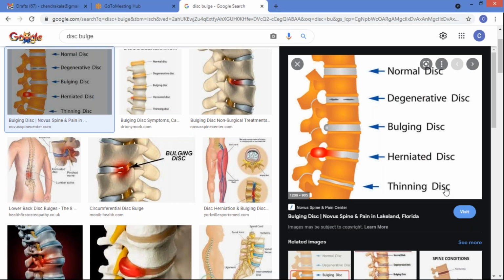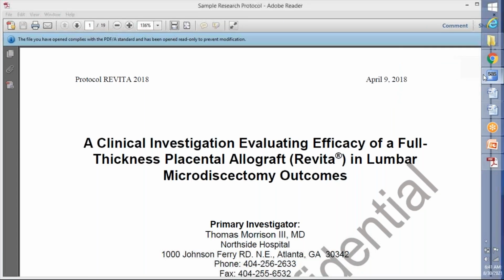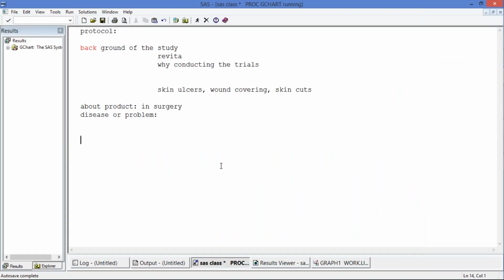That's the reason we are conducting research. So you need to understand the background of the disease. Whichever protocol you see, you need to check the background information, the disease information, and why we are using this, the purpose of the research and all.